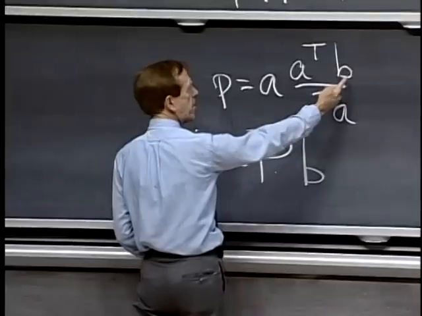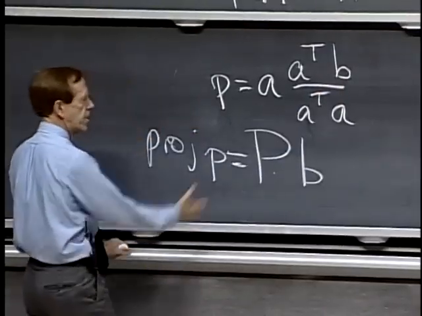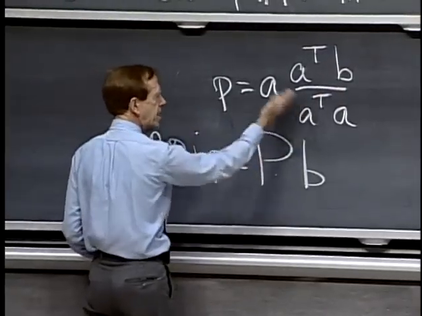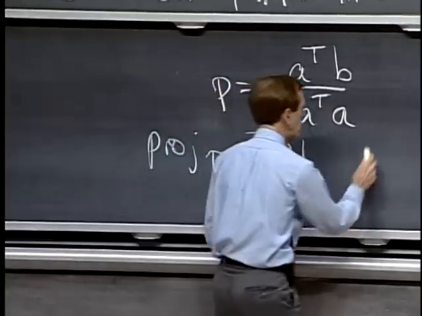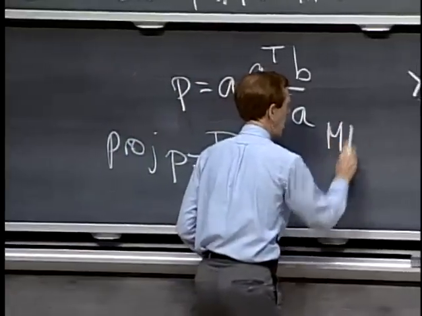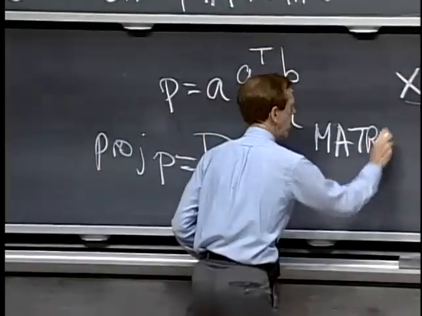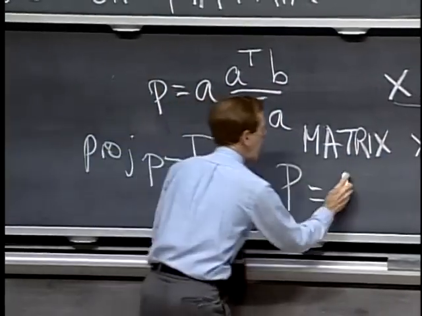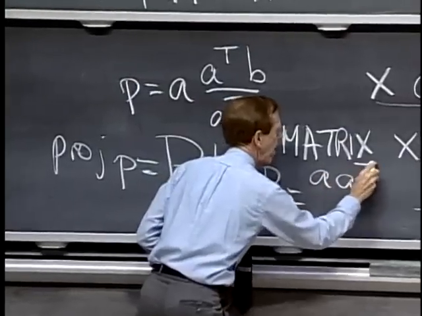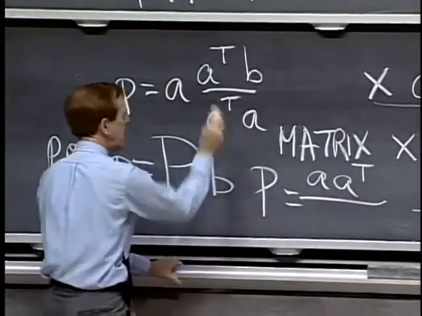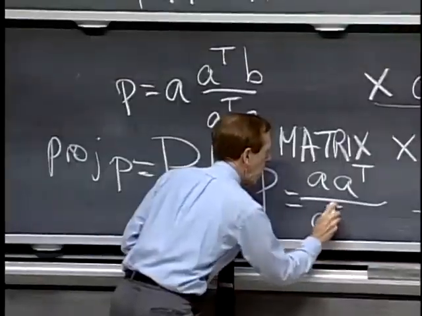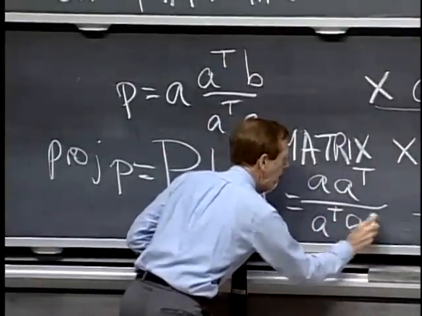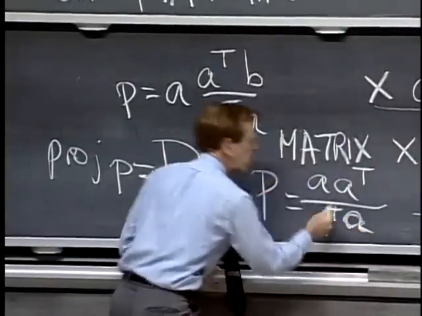What matrix is multiplying B? Just from my formula, I see what P is. P, this projection matrix, is, what is it? I see A transpose above, and I see A transpose A below. And those don't cancel.